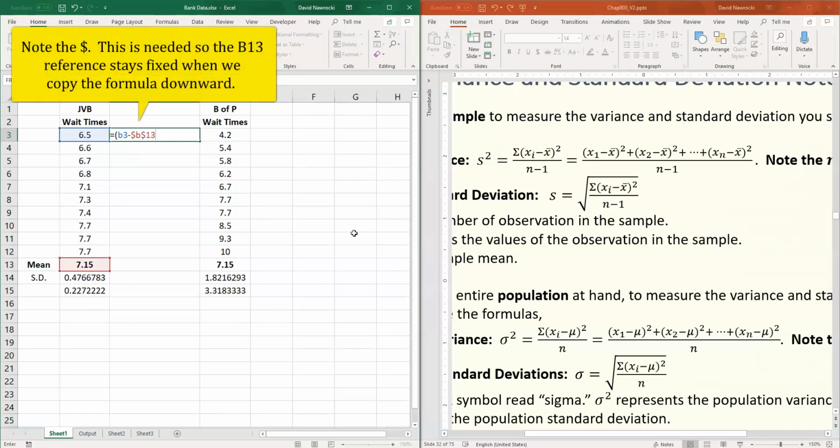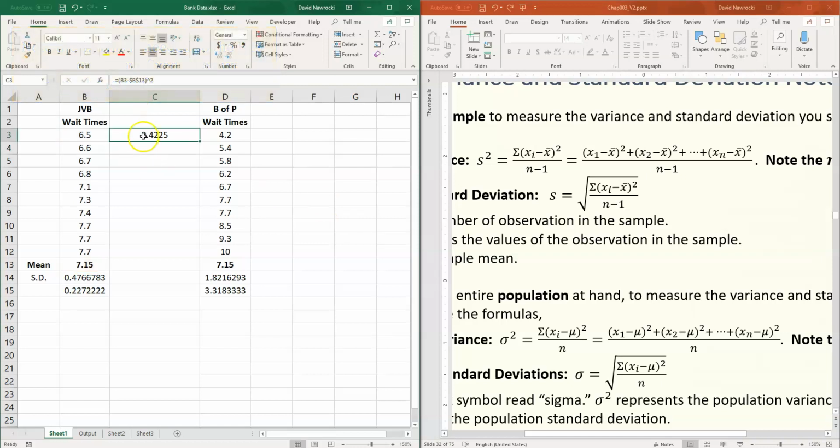That's the mean that we calculated. Square it. And there we go. So what we have right here, that 0.4225, that is x1 minus x bar squared. Now we have to do the same thing for each of them, so we'll just copy this down.